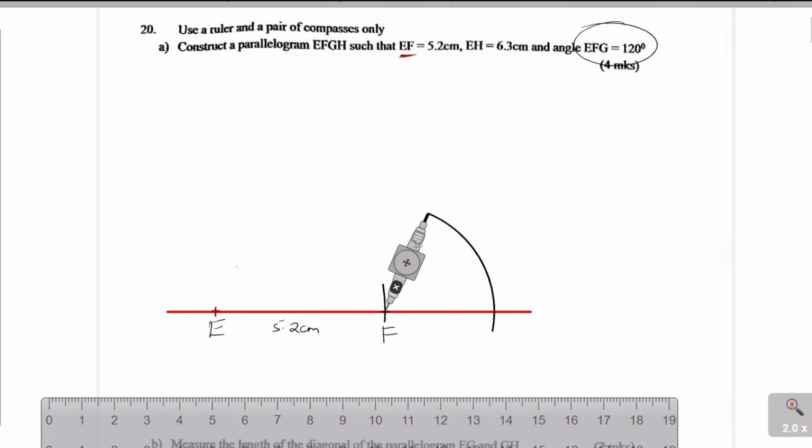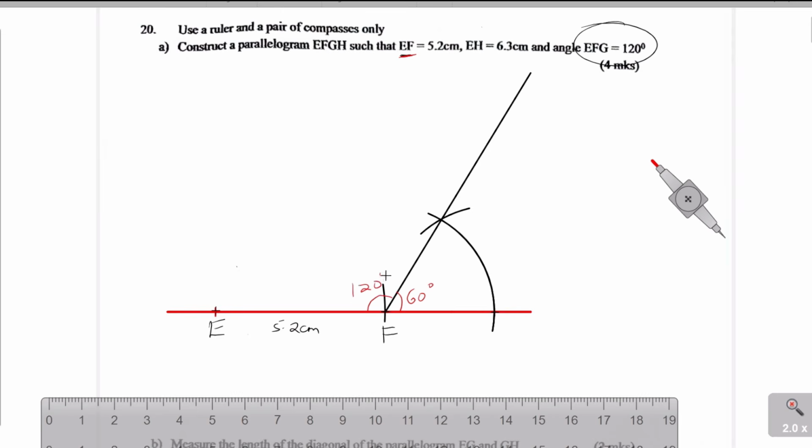And then with the same radius without changing it, stand on this point here and cut that arc like that. When you join the point F to the point of intersection of those arcs, that will be 60 degrees. Automatically the one that will be left on the other side will be 120, and that is how you construct it.